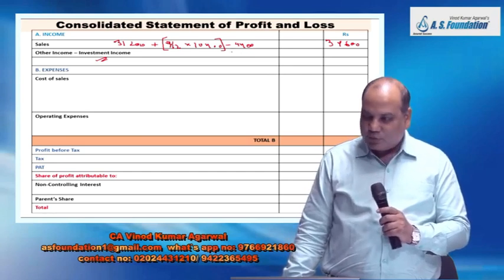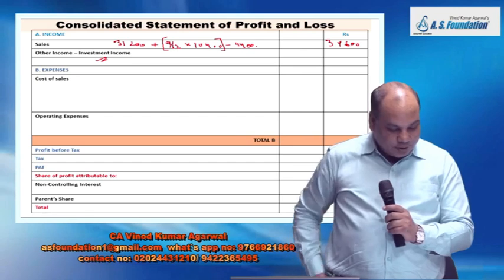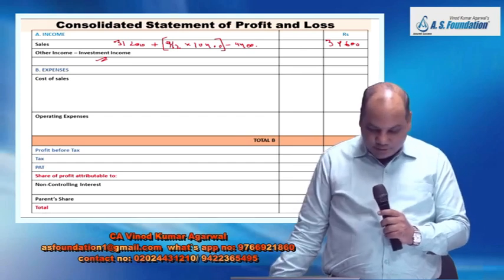So I am removing from post to post only. Don't confuse. Continue. Next line, cost of sale.